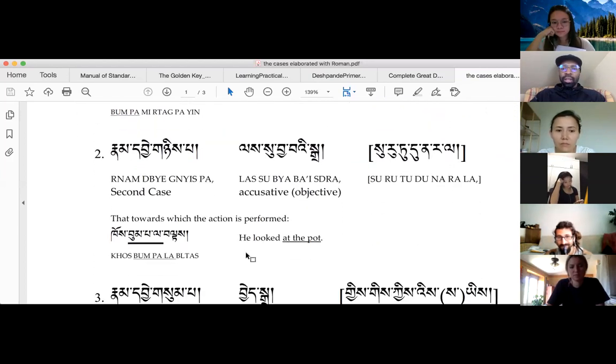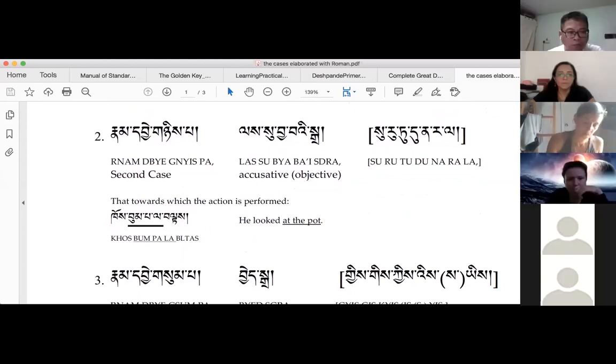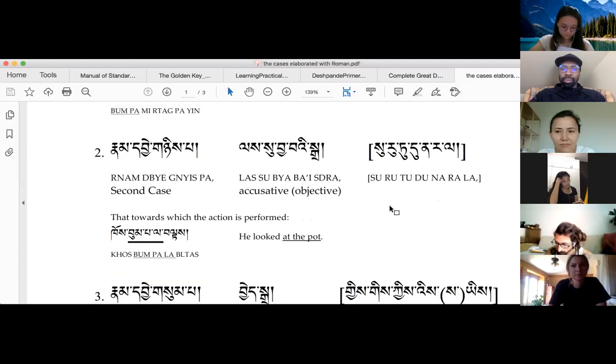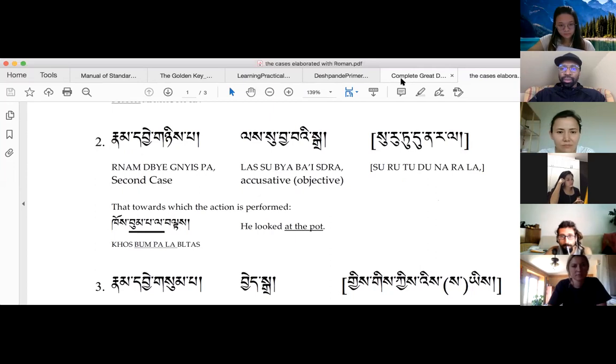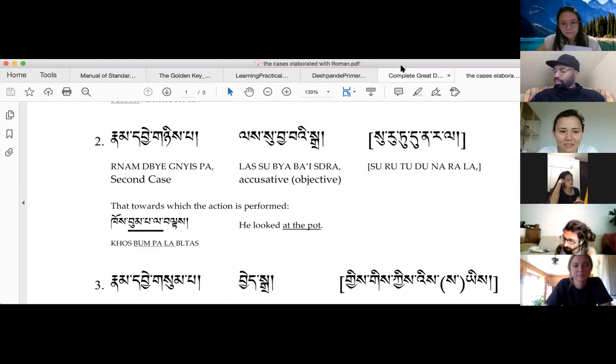Okay, here we go. Second case, it is marked. It is marked by a la dun particle. Here we go. What is a la dun particle?